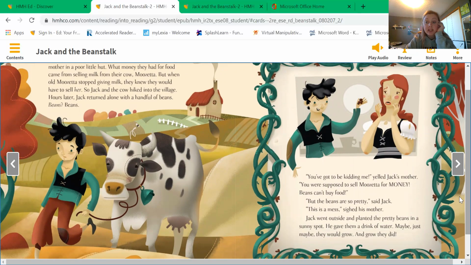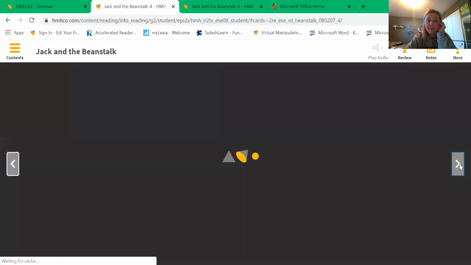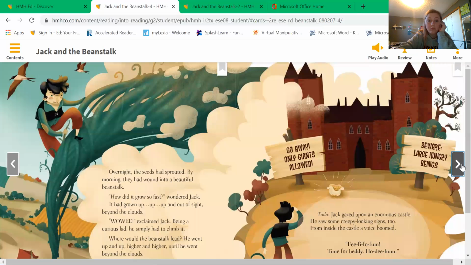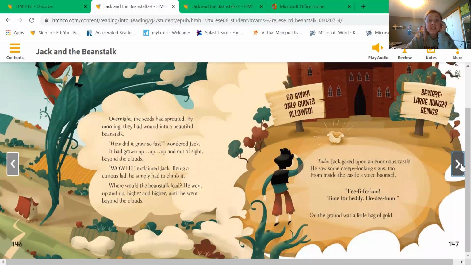Jack went outside and planted the pretty beans in a sunny spot. He gave them a drink of water. Maybe, just maybe, they would grow. And grow they did. Overnight, the seeds had sprouted. By morning, they had wound into a beautiful beanstalk. How did it grow so fast, wondered Jack.